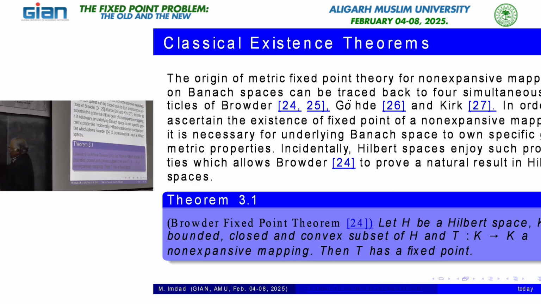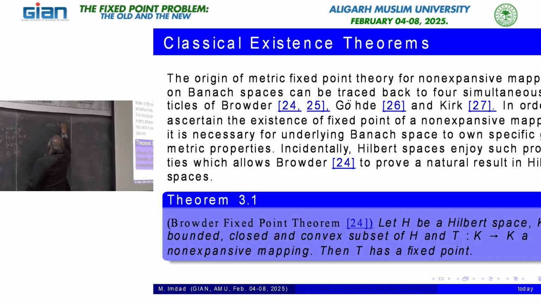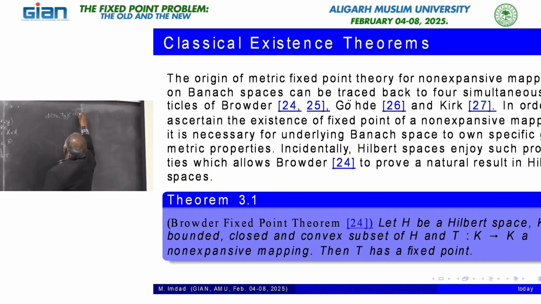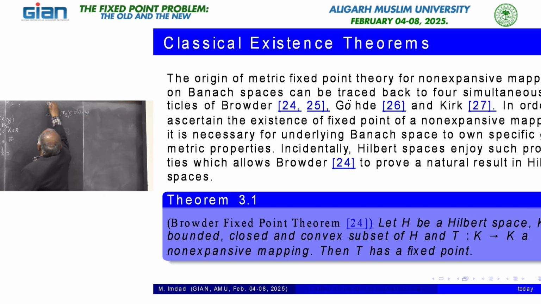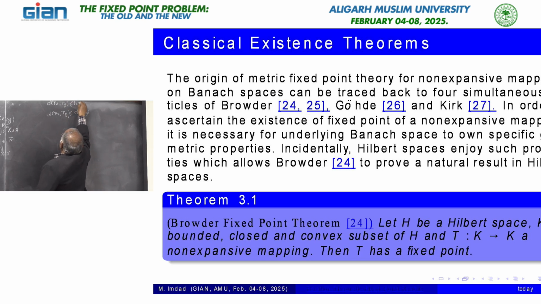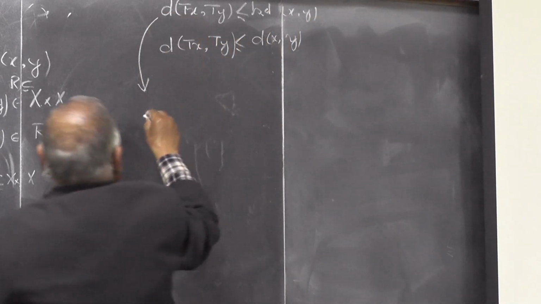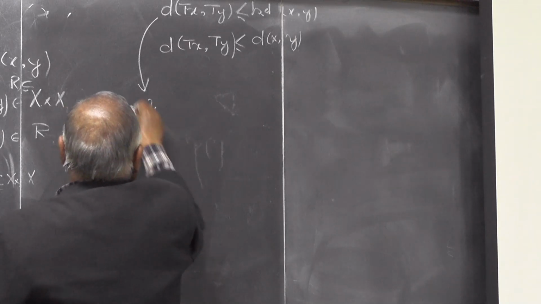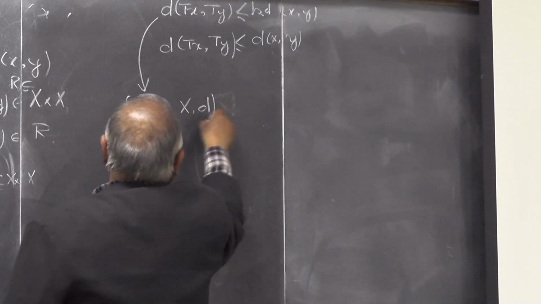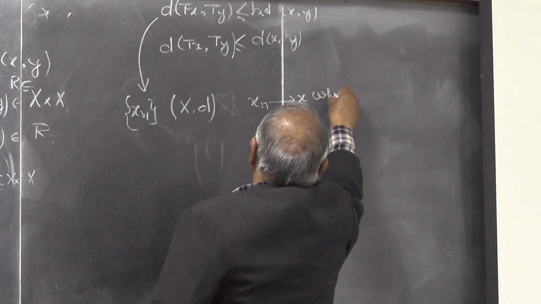I will just state the theorem, because maybe you feel very taxed if I go through the proof. What is very wonderful about this is that if you take any sequence of iterates x_n in X, d, x_n converges to x, okay, which is the fixed point.